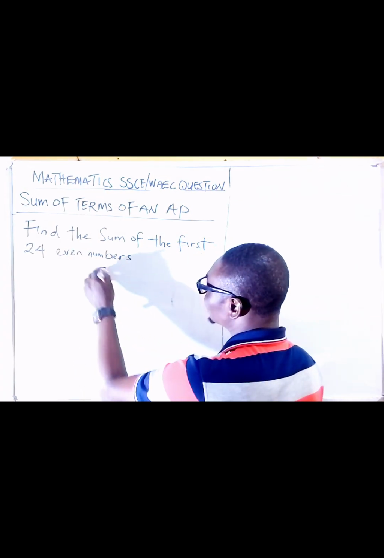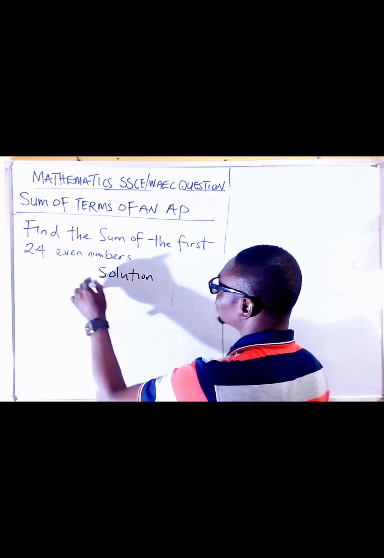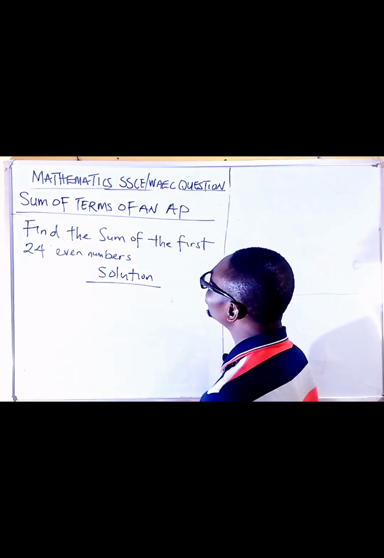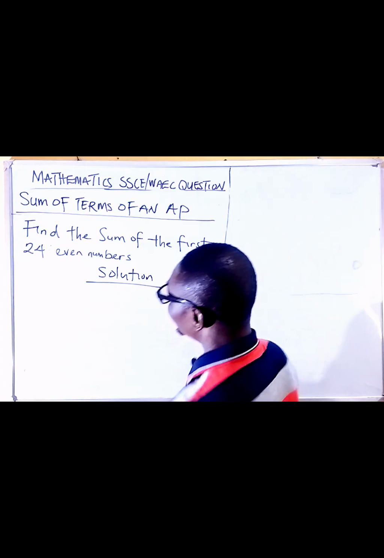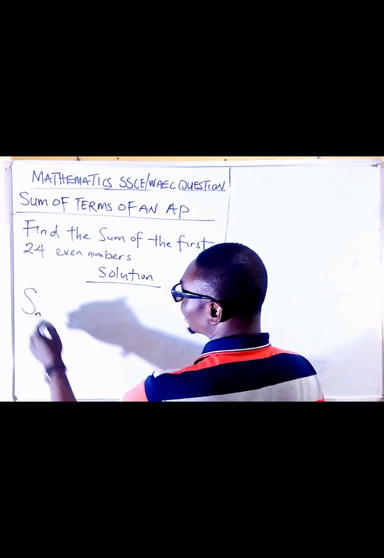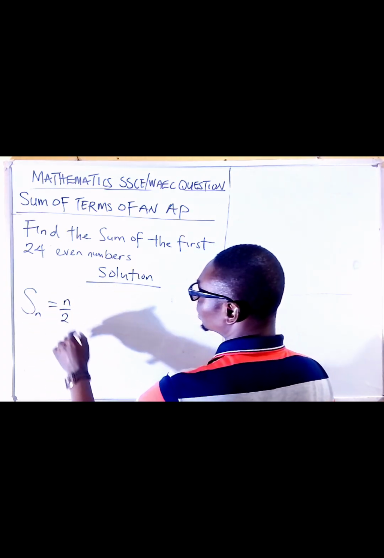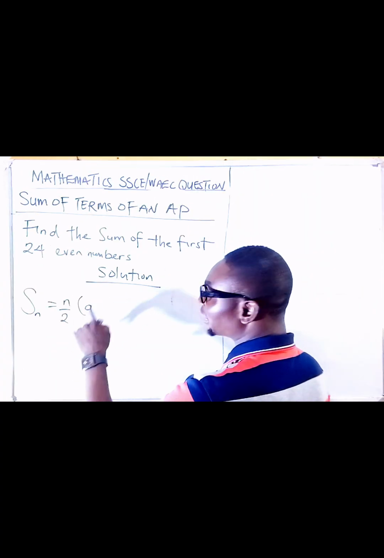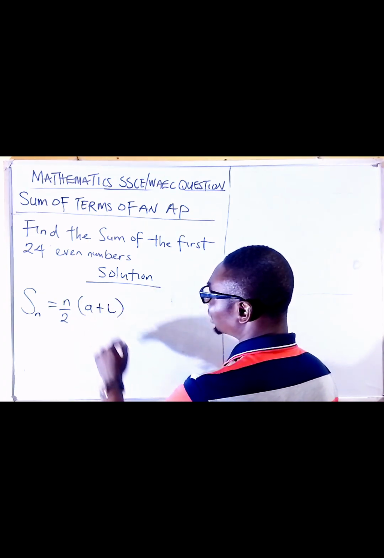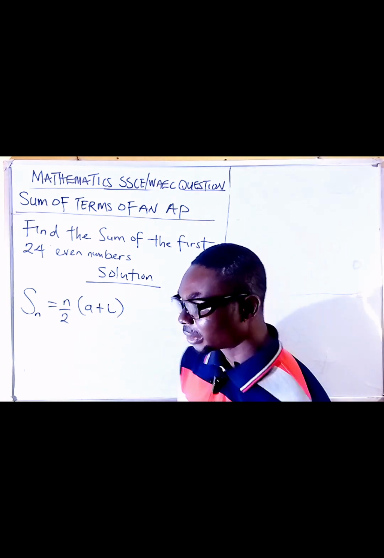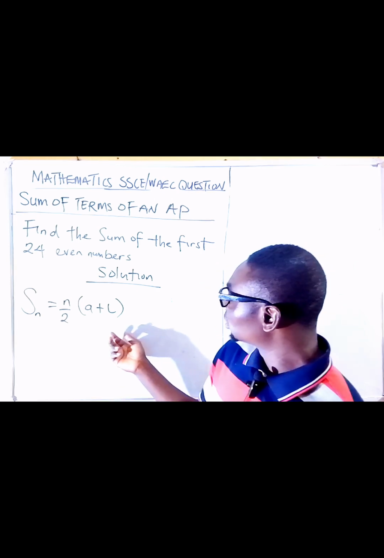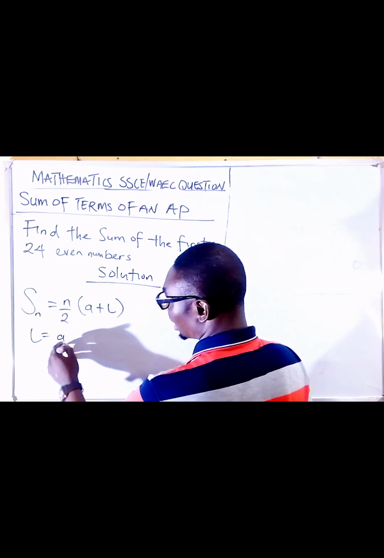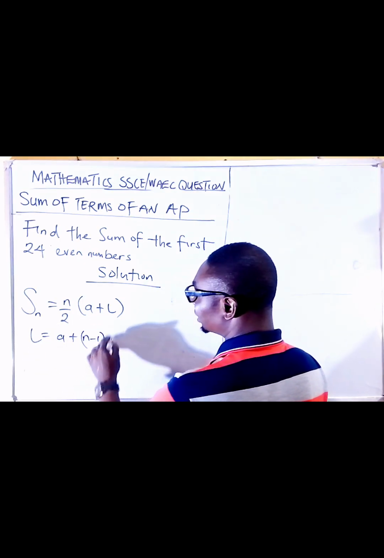Now, before I solve this question, the general formula for calculating the sum of terms of an AP is half of the number of terms times A, which is the first term, plus the last term, where the last term is equal to the first term plus, A plus N minus 1 D.